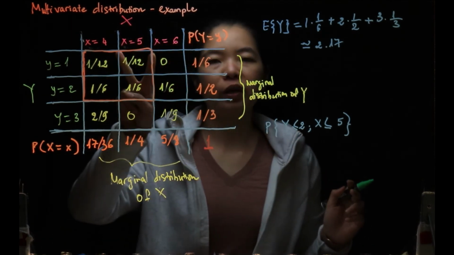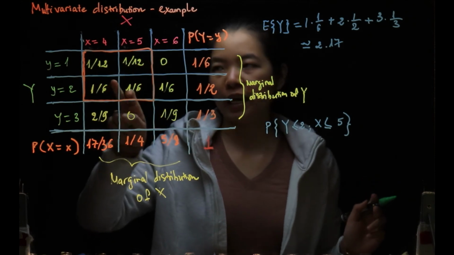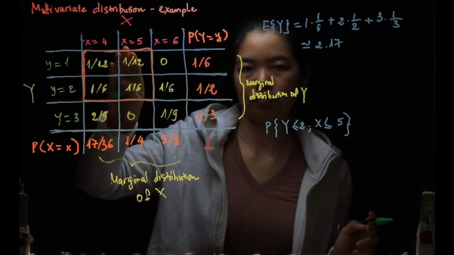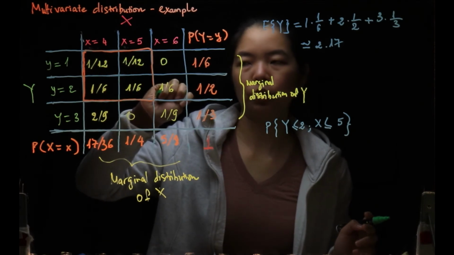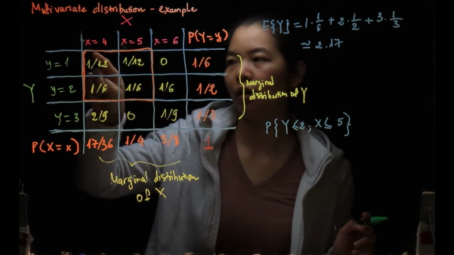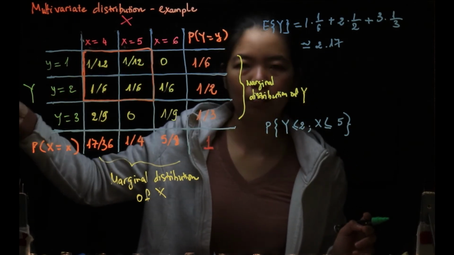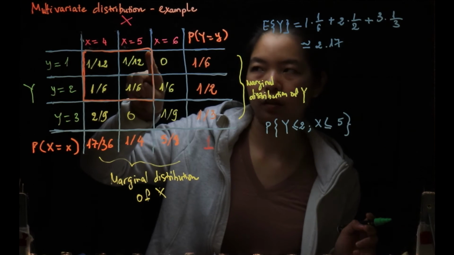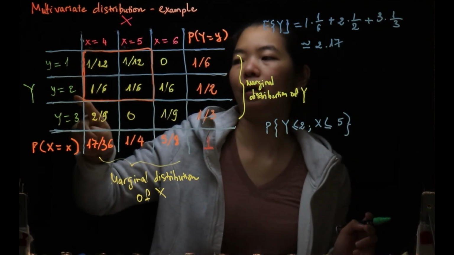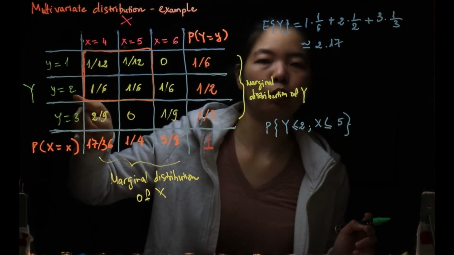And here we sum up because it's easy, we have a discrete case, but you could imagine if you have a continuous joint distribution, then you take the integral instead, from minus infinity up to x equal 5, and then for y minus infinity until y equal 2.